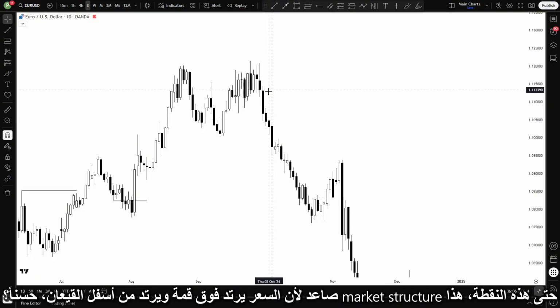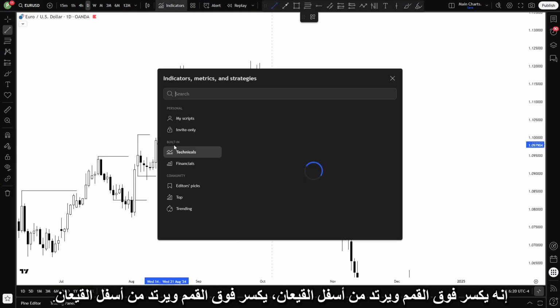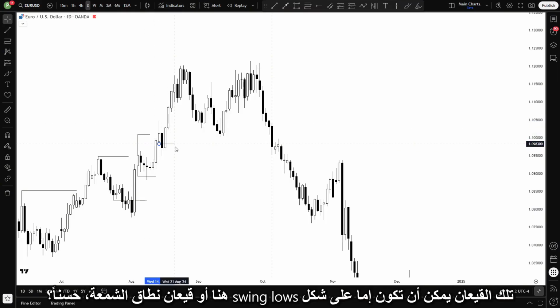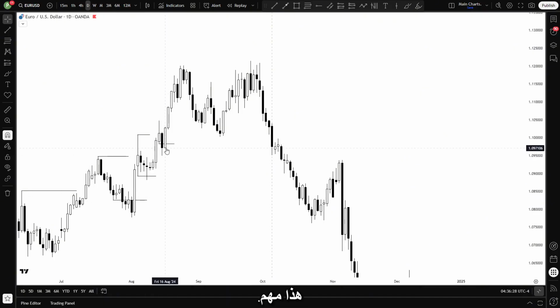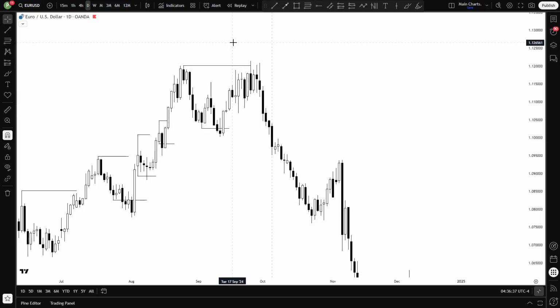Till this point, this is a bullish market structure because price is rejecting above a high and it's rejecting below lows, right? It's breaking above highs and rejecting below lows, breaking above highs and rejecting below lows. Those lows could either be in the form of swings, right here, or candle range lows, right? That's important. Again, we're breaking above highs and rejecting below lows and breaking above highs again.